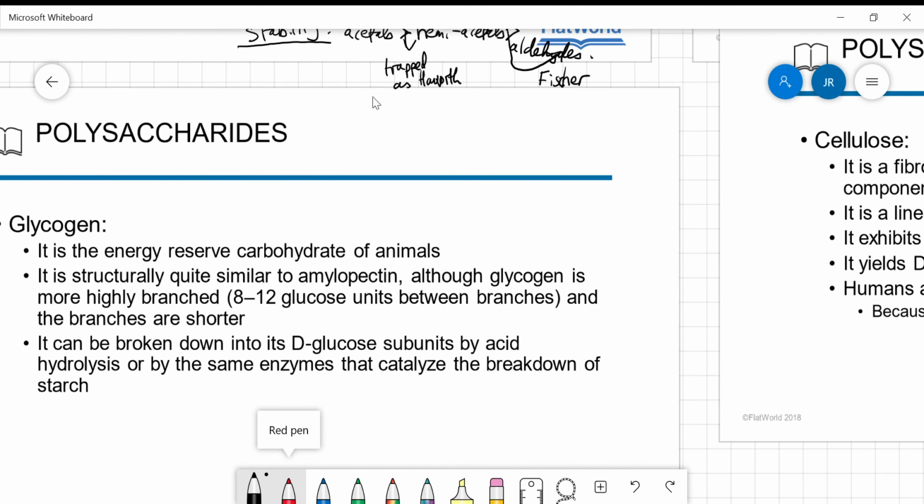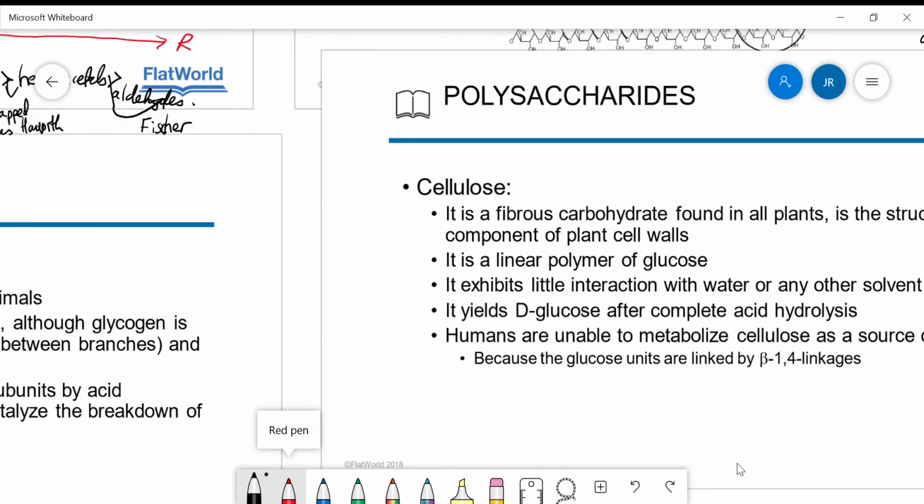I was hoping for a structure of cellulose. I think I'm going to get one, but I think I have to go even further down. No, there we go.